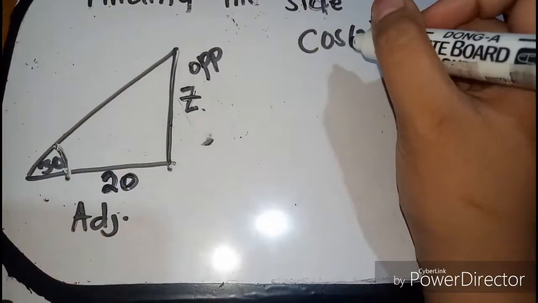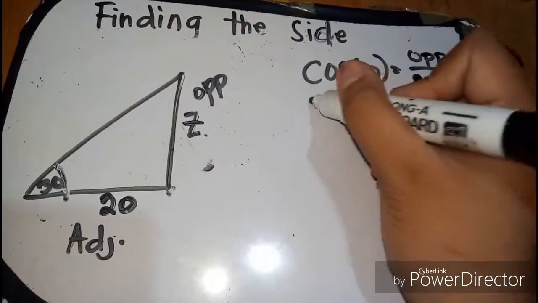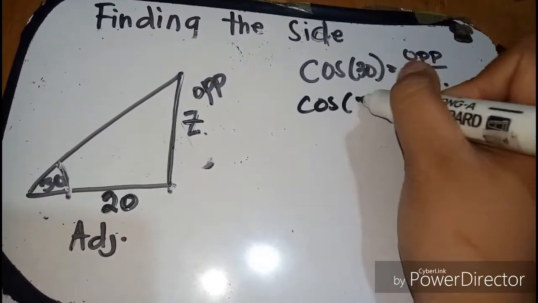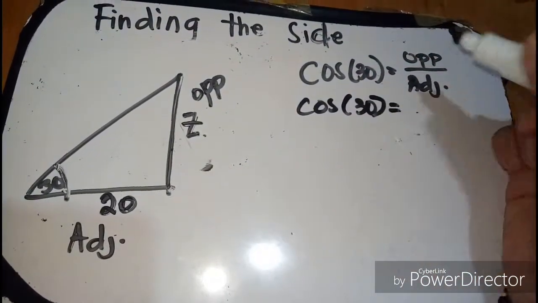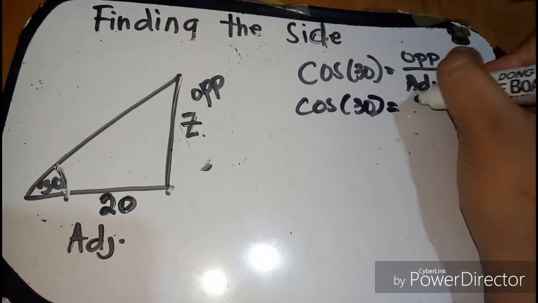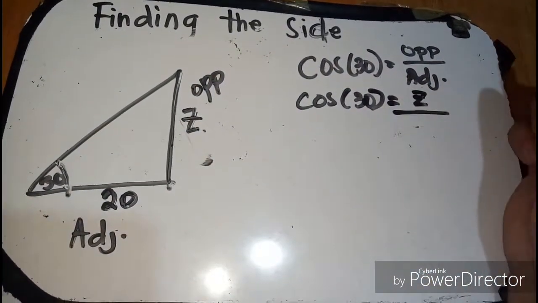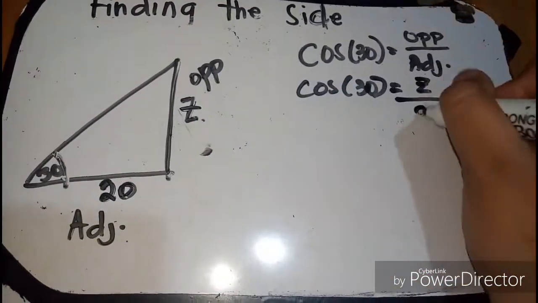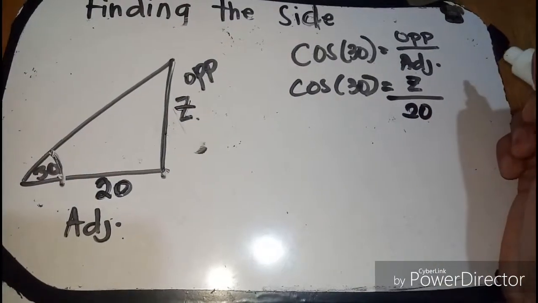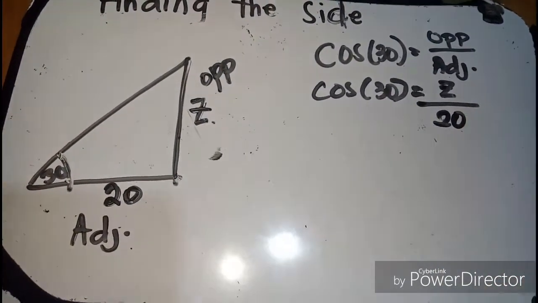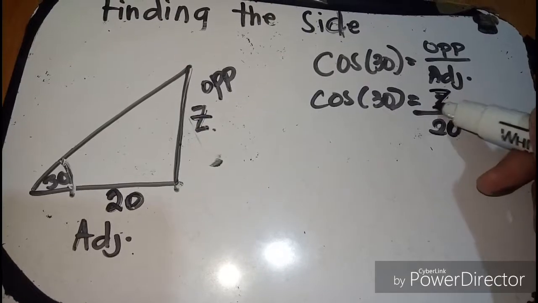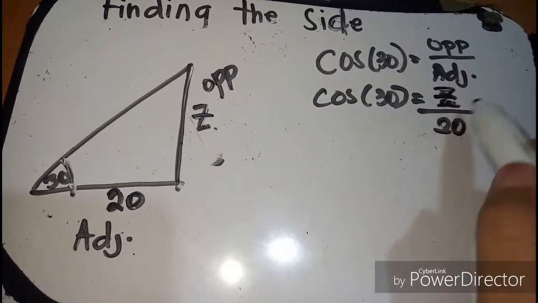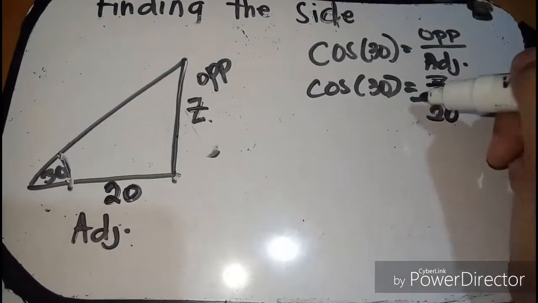So we will rewrite it. Cos angle of 30 equals our known over the adjacent, which is 20. We're looking for the c, so we're going to arrange our formula.